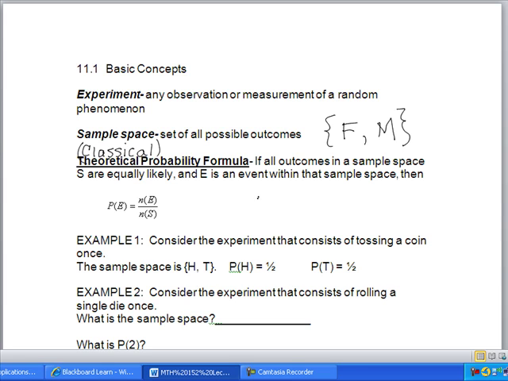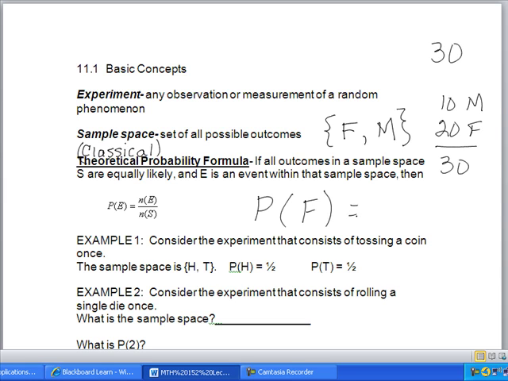So if we were talking about the probability of selecting a female, and let's say that we have a class of 30 students, and we have 10 male and 20 female. Okay, so we have a total of 30.